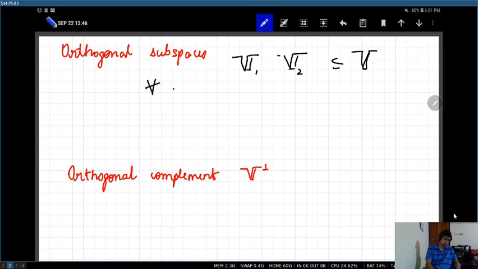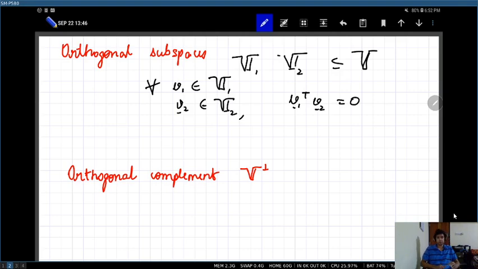So for all v1 in the first vector space and all v2 in the second vector space, v1 transpose v2 is equal to 0. This is what is meant by orthogonality of subspaces.